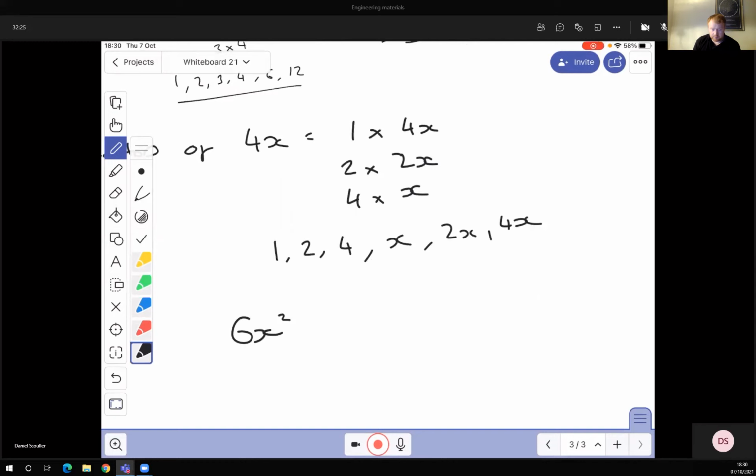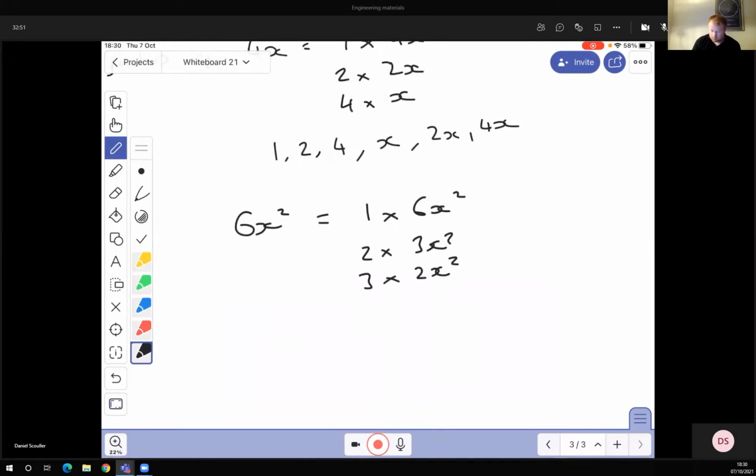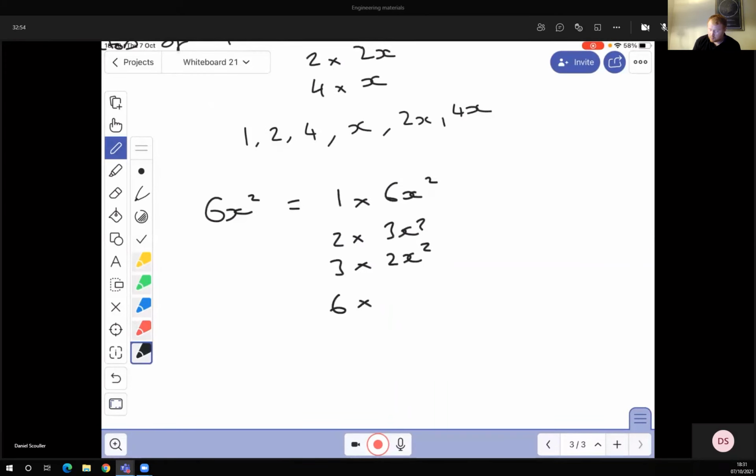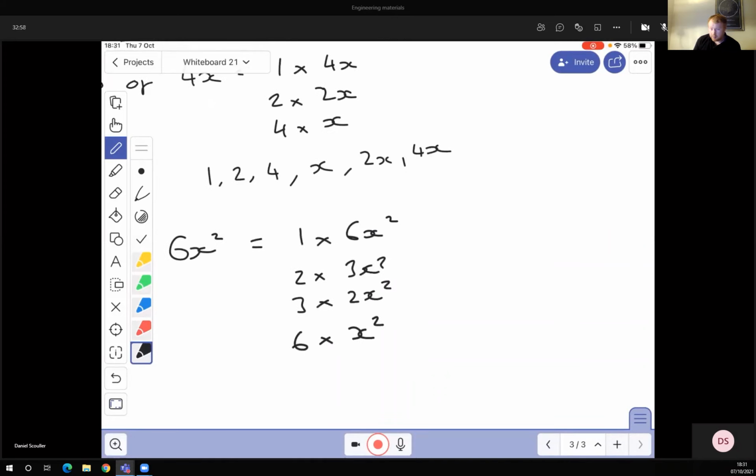6x squared. Now we're getting a wee bit more complicated, so we're going to build up the amount of factors that we've got. So 6x squared: 1 times 6x squared, 2 times 3x squared, 6 times x squared. That makes sense.